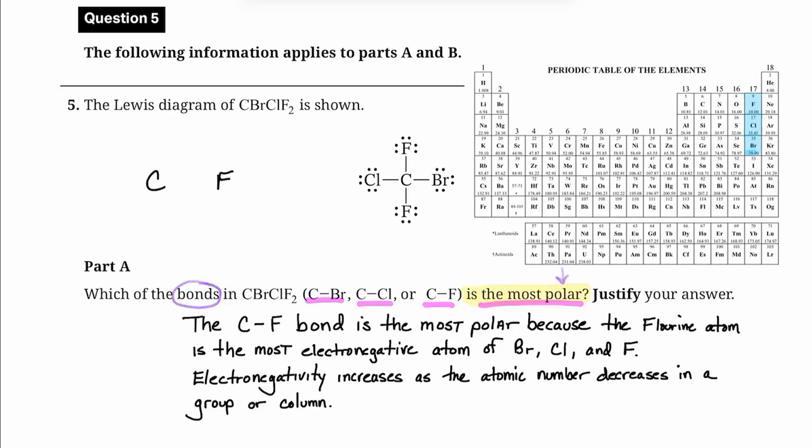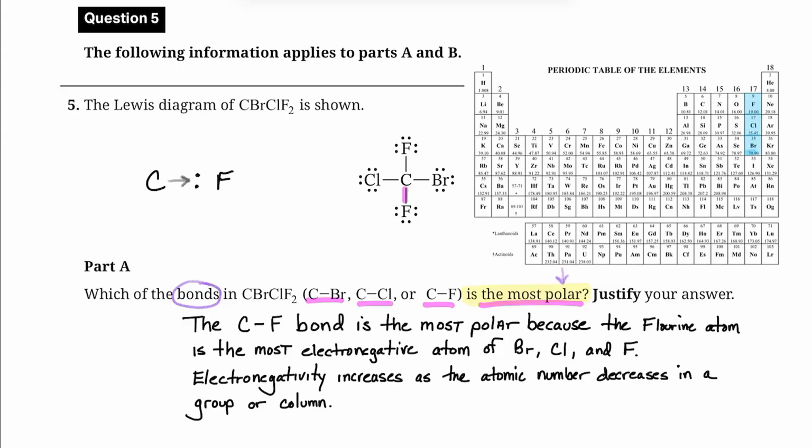So this dash right here represents a shared covalent bond. In this case, it's sharing unequally. Now, why do I say that? Well, the electrons between here are going to be pulled closer to the fluorine. And the reasoning is because fluorine is more electronegative.